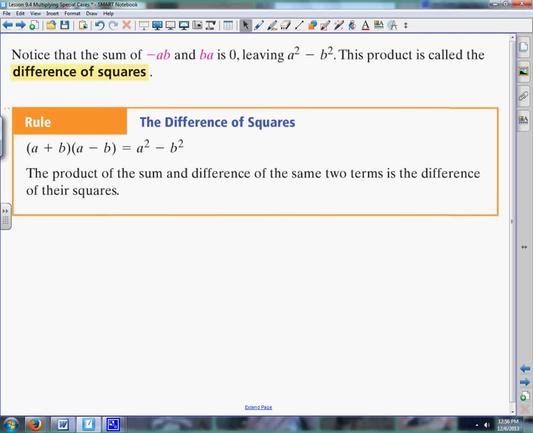So, notice that the sum of negative AB and BA is 0, leaving A squared minus B squared. This product is called the difference of squares. So, if I have two numbers, A and B, and I add them together, and then I multiply them by A minus B, what you get is A squared minus B squared, because the middle part of the FOIL just ends up canceling each other out.